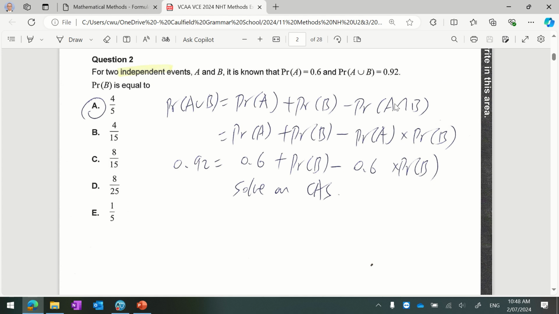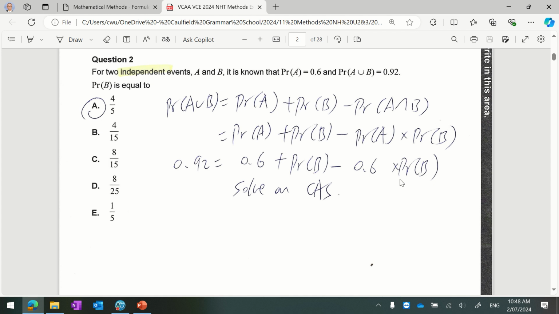Independent means the probability of the intersection is the probability of A times the probability of B. That's one of the properties of independent events, and you're supposed to know that, of course. So now everything is basically set up.